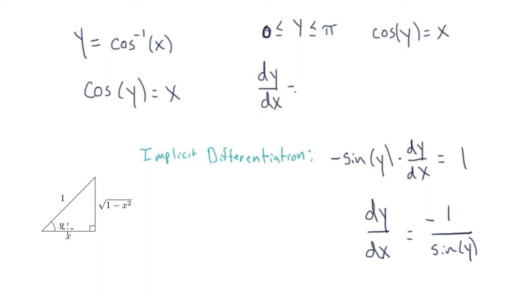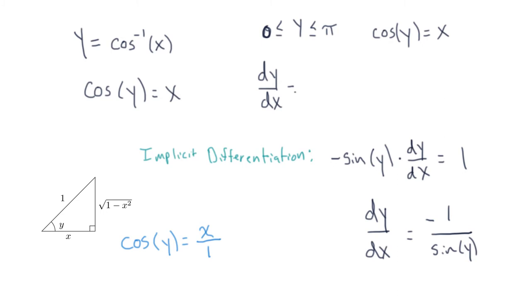Notice that if y is an angle, so I'm thinking about y as being an angle between 0 and pi right here, then to say cosine of y is equal to x is, in right triangle terminology, to say that cosine of y is equal to x over 1.